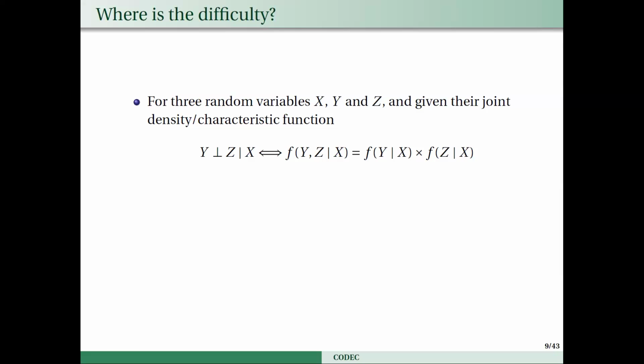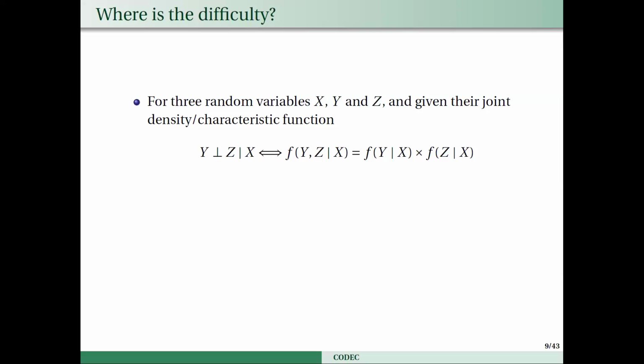So let's see what the problem is, how we can address it, and what the difficulties are. Let's say I have three random variables, x, y, and z, and we have their joint characteristic function or density or whatever you wish. By definition, y is independent of z conditional on x if I can decompose the conditional density function of y and z given x as the multiplication of their marginal conditional density functions, so y given x and z given x.